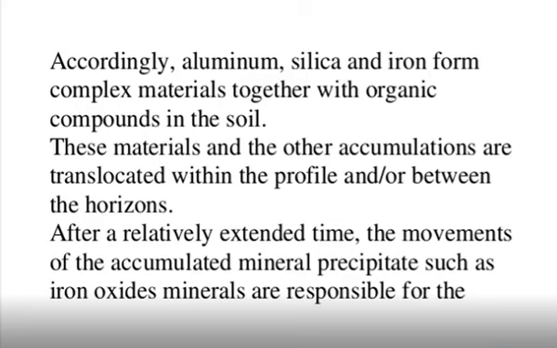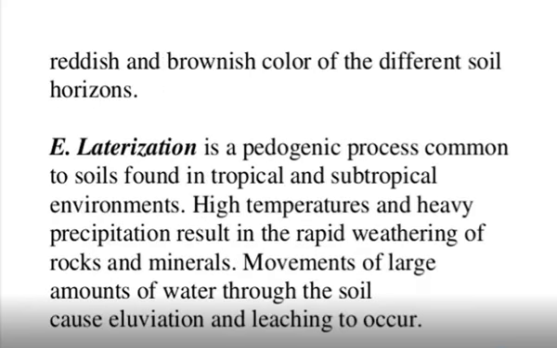The next process is laterization. The term laterite is derived from the word later, meaning brick or tile, and was originally applied to a group of high clay Indian soils, the Malabar hills of Kerala, Tamil Nadu.